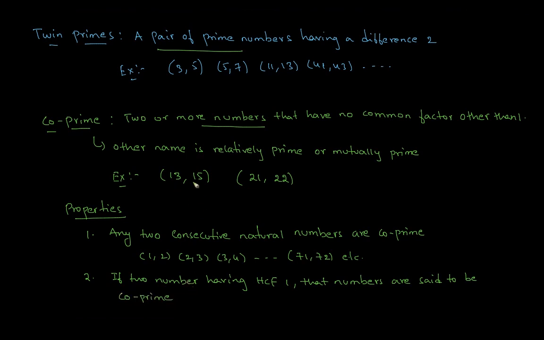What they are saying, if these two numbers having HCF 1, then it is also said to be co-prime numbers, right? For example, if I take numbers 15, 16, right? What is the HCF for 15 and 16? Is there any common factor between 15 and 16? No, right? So they are having the HCF only 1. That is only one common factor, 1. So 15 and 16 are said to be co-prime numbers, right?